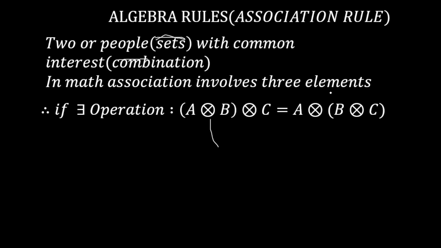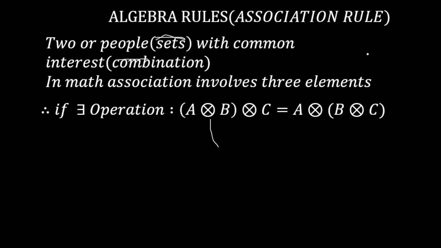Most of the rules that we have learned so far, some of them can involve 2, some can even involve 1, like the inverse rule. So what is the inverse rule? We say that an operation is inverse in such a way that if an element combines with a particular number, it gives its opposite.